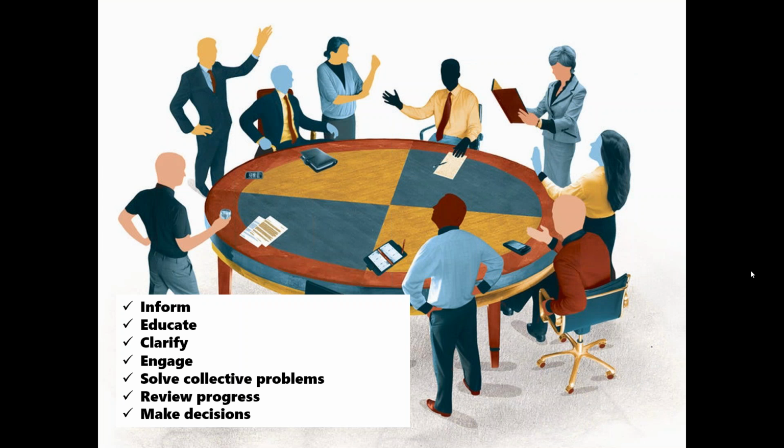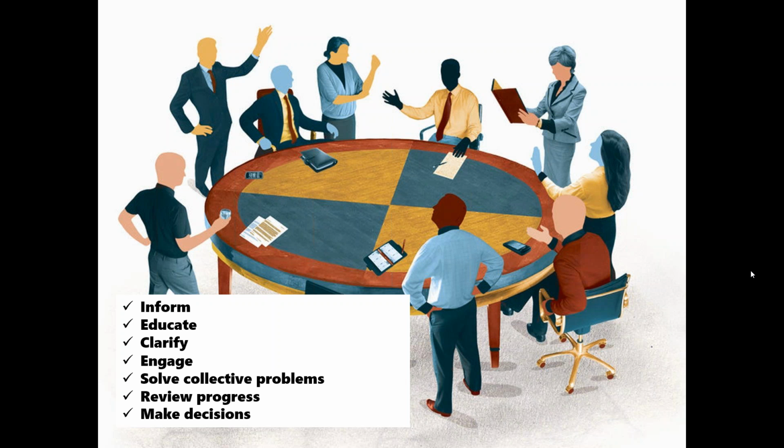So let's try and categorize all the different reasons we have meetings. Some meetings are there to inform people. There might be a new client, a new project specification, some interesting news, a restructuring, whatever it might be.